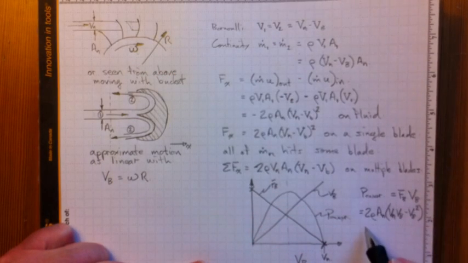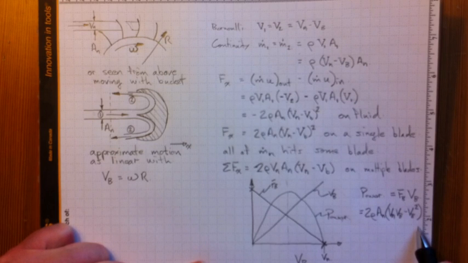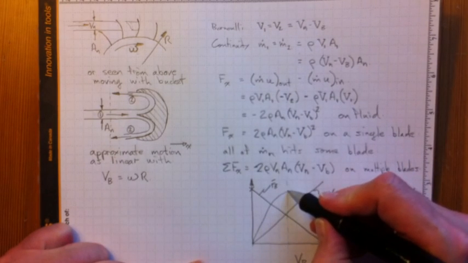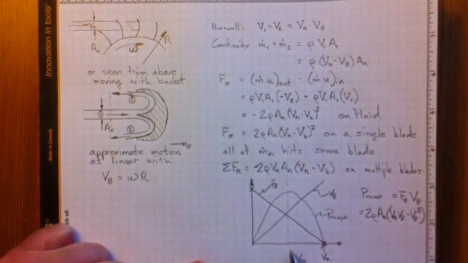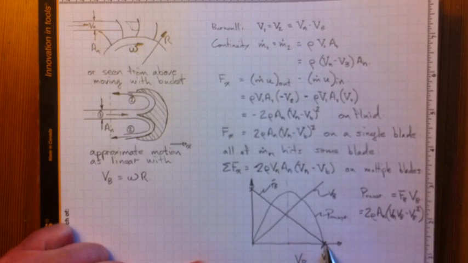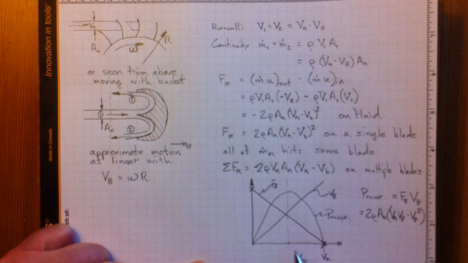But the result is that we still get power very close to this maximum theoretical power, and it still happens at very close to 1/2 the nozzle velocity for our bucket velocity. Pelton wheels like this can achieve efficiencies in terms of shaft power output on the order of 95% or more, so they're very, very efficient devices.